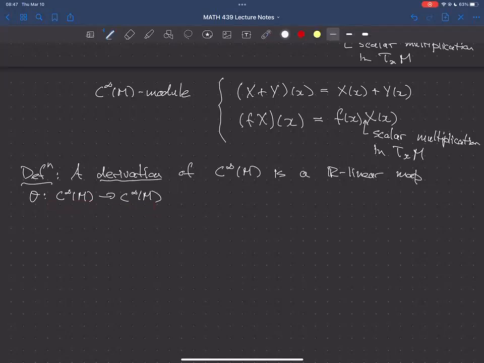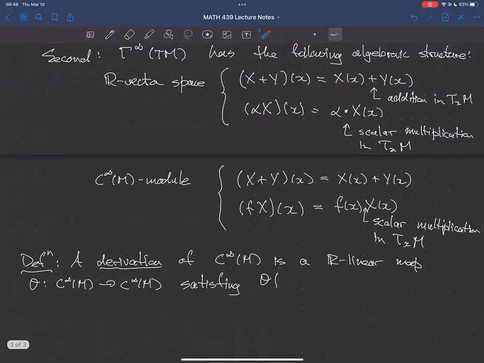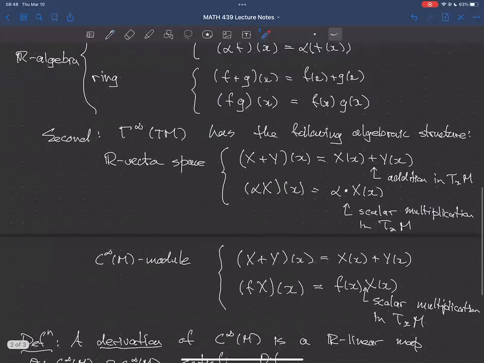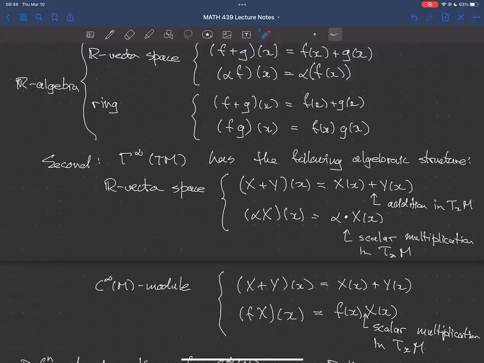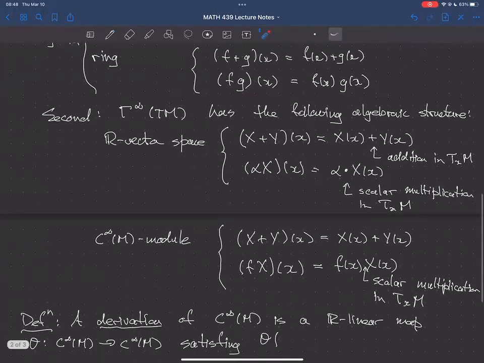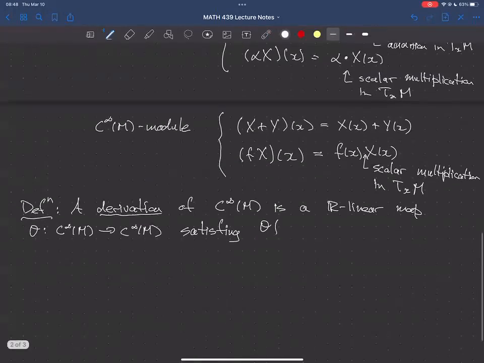So it's a real linear map theta satisfying basically what amounts to the product rule. Theta is already linear, so I know that, for example, theta of f plus g is theta of f plus theta of g, and theta of alpha f is alpha theta of f. That's just linearity. The thing that I'm interested in here is what's theta of fg. How does it interact with the ring structure, the product in the ring structure?